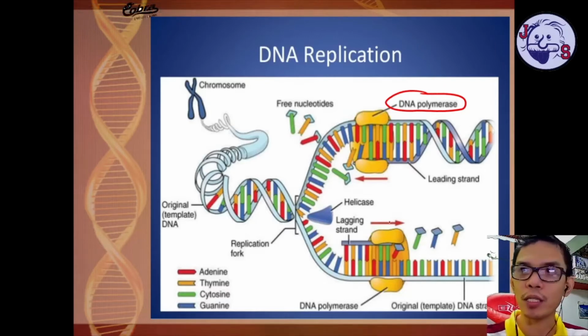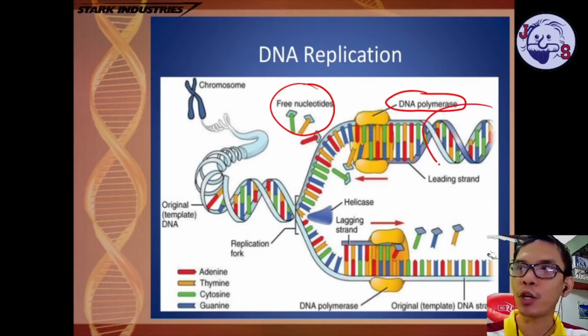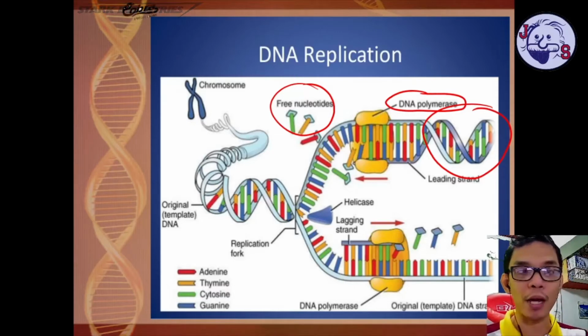As you can see here, it collects and consolidates the free nucleotides in the nucleus. And once it is done, you now have a double-stranded DNA, and not just one but two double-stranded DNA as the product of the replication process.